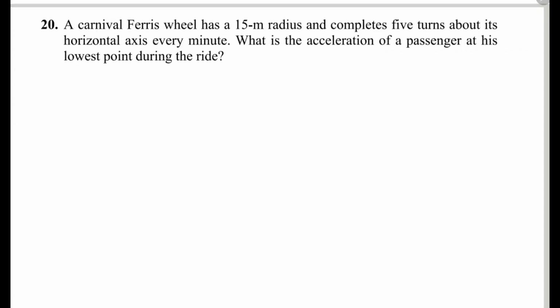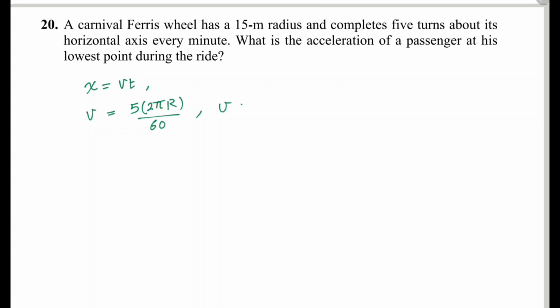A carnival Ferris wheel has 15-meter radius and completes 5 turns about its horizontal axis every minute. What is the acceleration of the passenger at this lowest point during the ride? Now x in this case equals vt, and x is the circumference of the circle, and it completes 5 turns, so 5 times 2 pi r divided by 60, since it's in a minute, so 60 seconds.